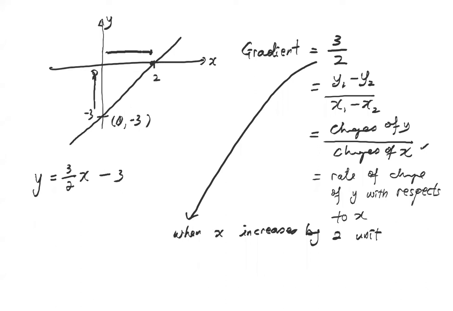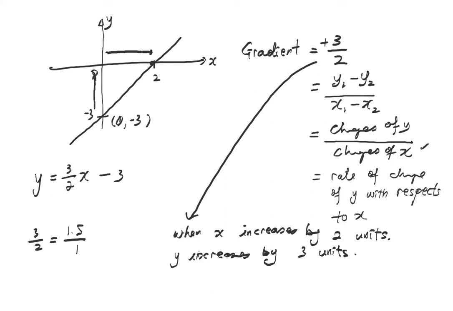So it's 3 over 2 is 1.5 divided by 1. So I can also interpret it this way: when x increases by 2 units, y increases, because it's positive, by 3 units. So this is the interpretation of the gradient.